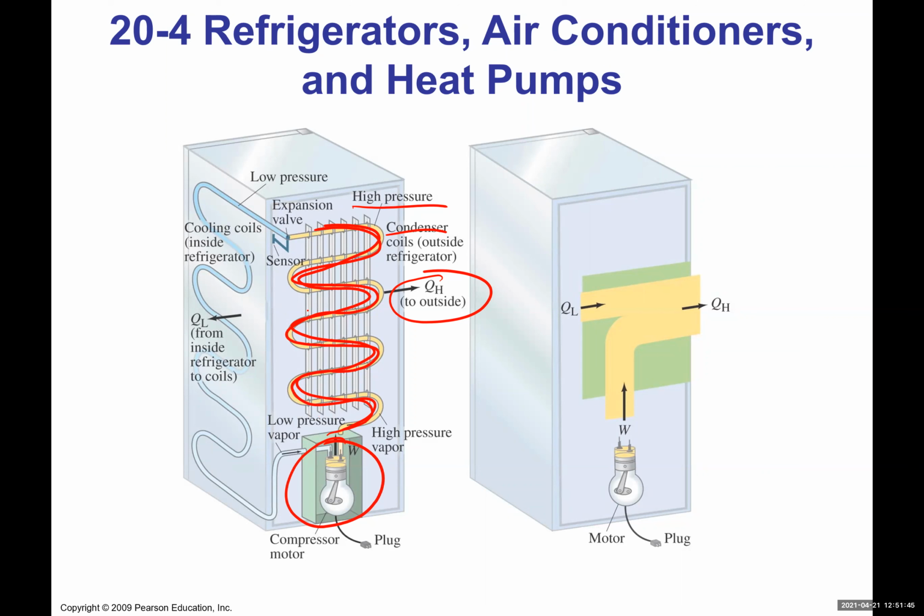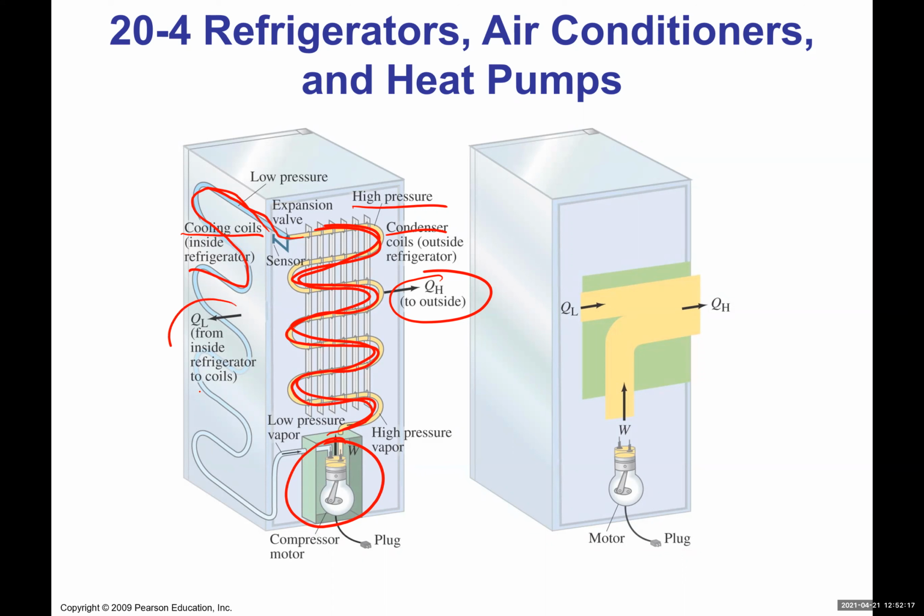So that means you compress them to high temperature and then send them through those coils, and they lose energy. After that, they go through inside. So there are other cooling coils which are inside your refrigerator. As they go through that, because they're cold, any type of heat that you have inside your refrigerator will naturally flow from inside into these coils.